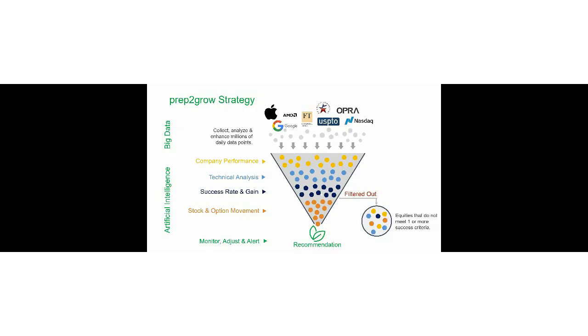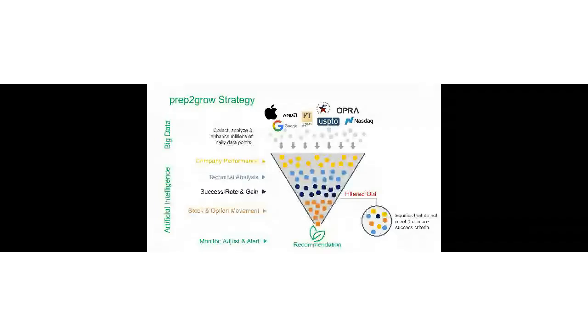We take all this data and apply it to our AI algorithms, where we first predict company performance. What we have found is that if there's a prediction of a company performing well or badly, it invariably has an impact on its stock price and subsequently on some options contracts associated with that stock.